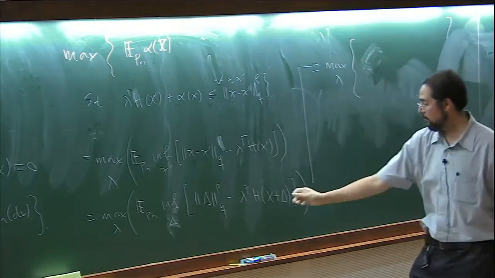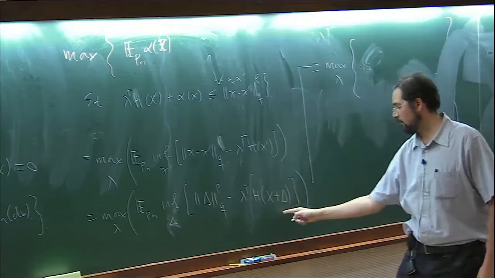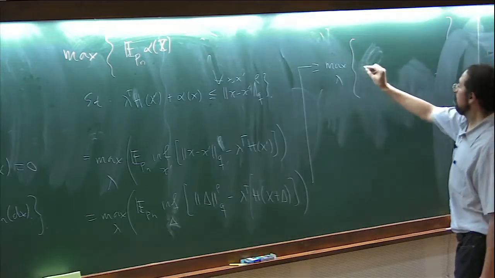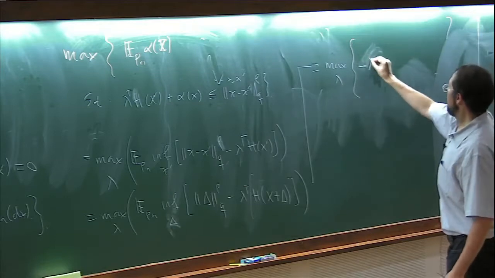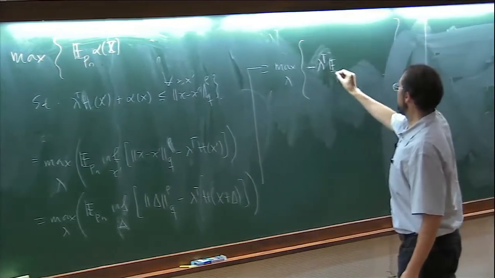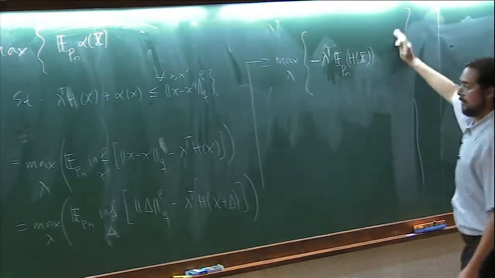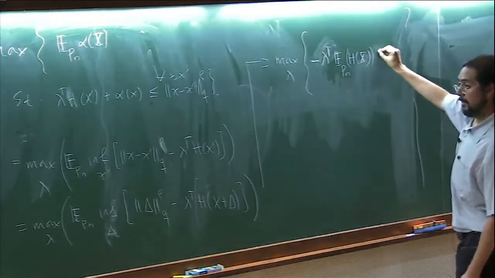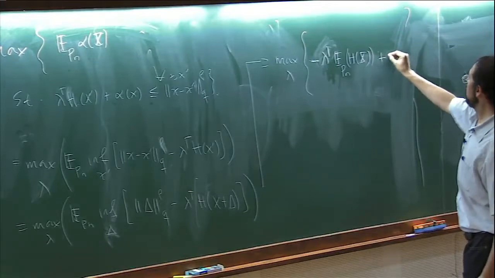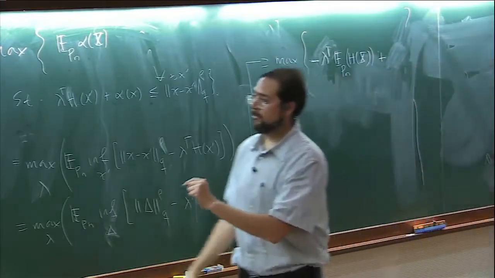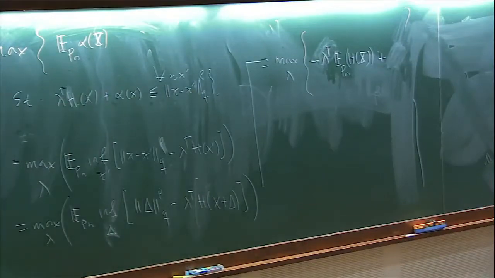I'm going to pull this outside. I'm going to subtract here an h of x, so I'm going to have to add negative lambda transpose EPn h x, and then I'm going to have here plus the inf, and I'm already going to start thinking about the representation I want, which is this sup.